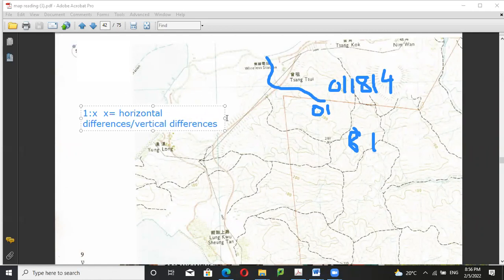So accordingly, you are going to find out how this looks. To find the horizontal difference, you are definitely going to measure how long it is. The vertical difference is relatively easy.